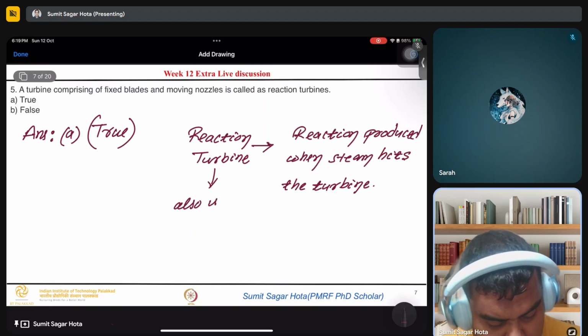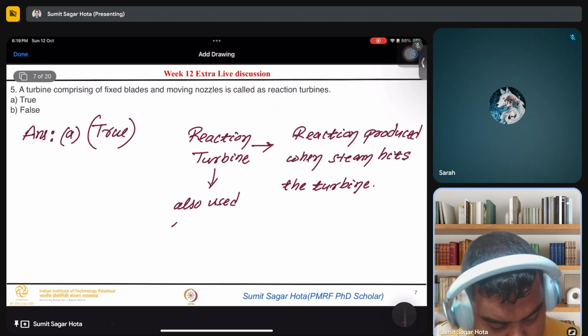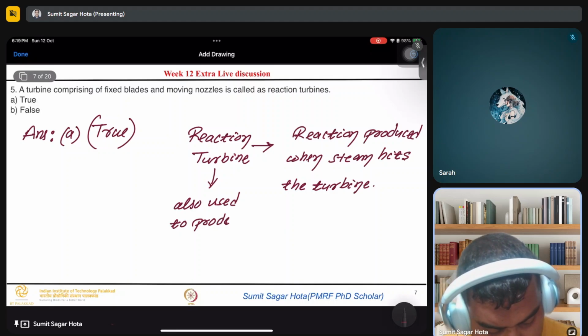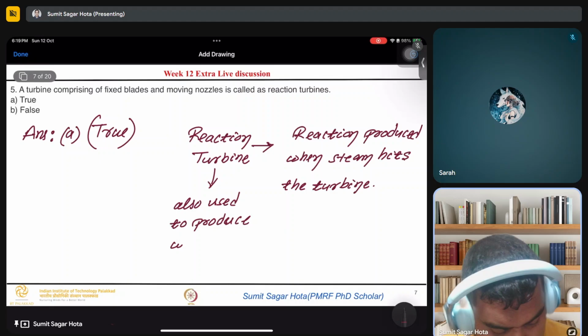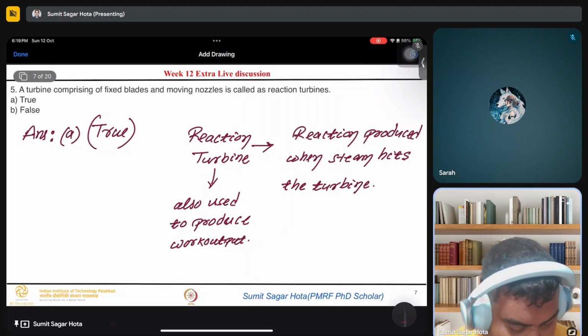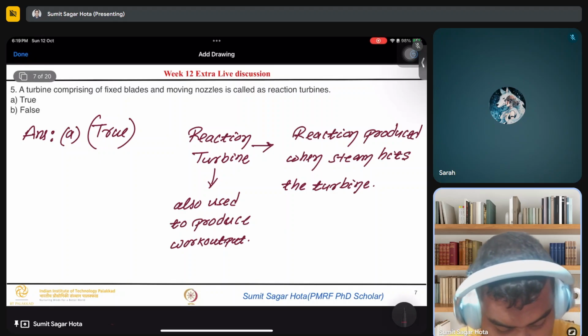It is also used to produce work output, which will be the input in the compressor.